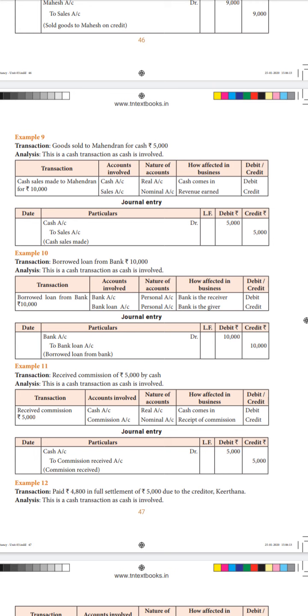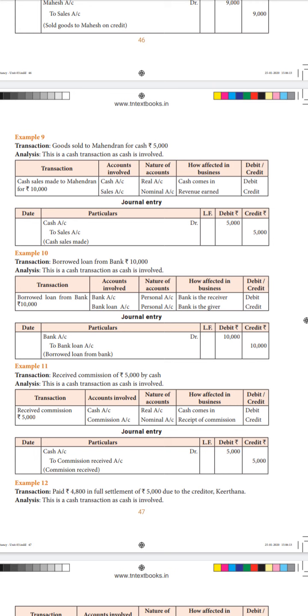Bank account is the receiver. The banker is the giver and also the receiver, but bank receives the amount as bank loan. Which means bank will always be the receiver when it comes to the bank loan.